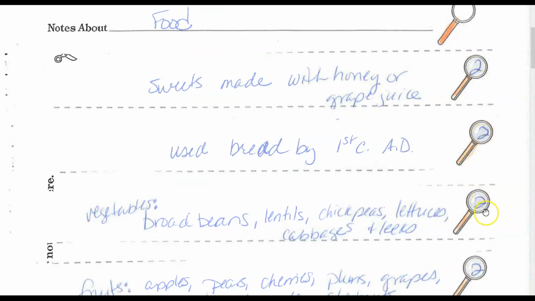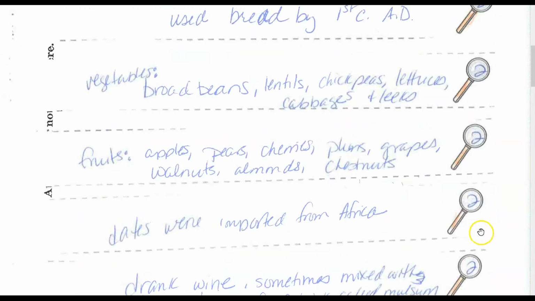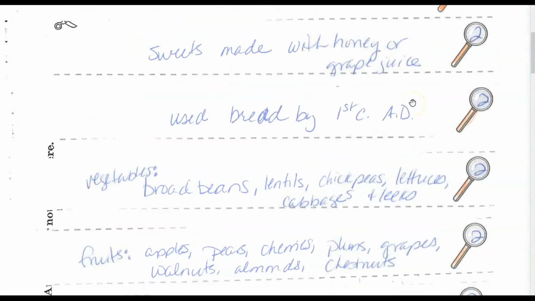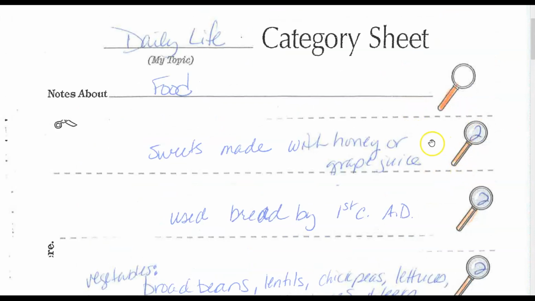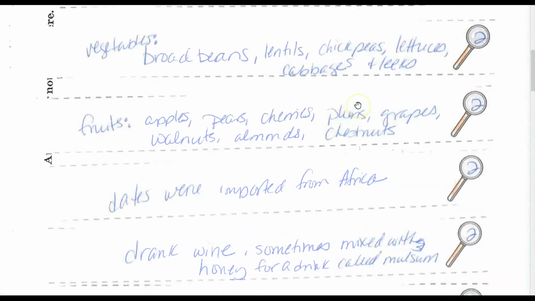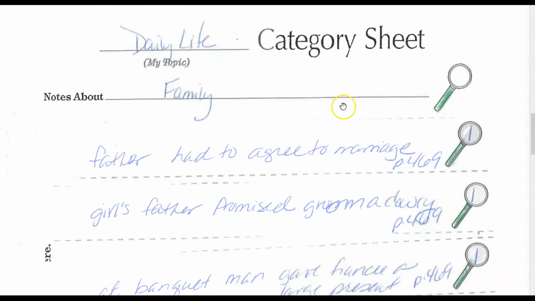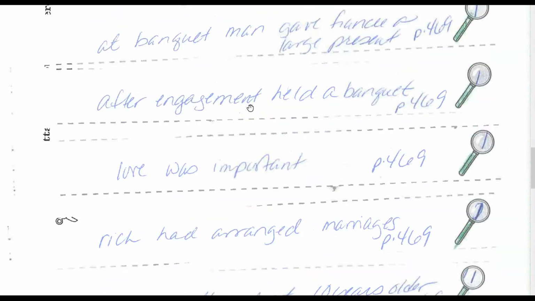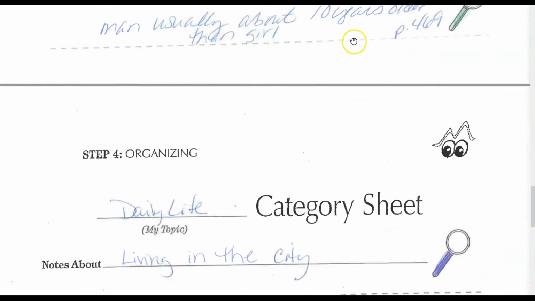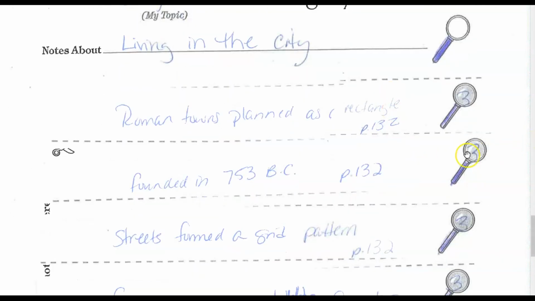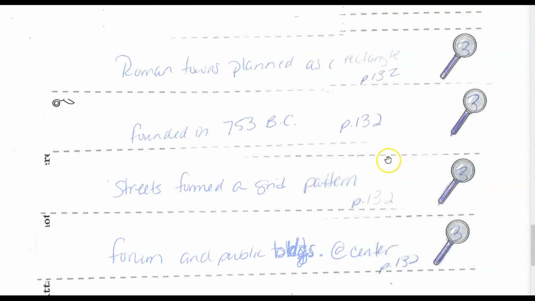You might have 1, 1, 1, 2, 1, 1, 3, something like that, right? So it's going to be mixed up from different sources, but they would be the same color because it's that color category, right? And so this is one category. Here's the second one. It was family. Yours might be enemies, right? And this is how it looks with all the Notefacts colored and pasted on the category sheet.